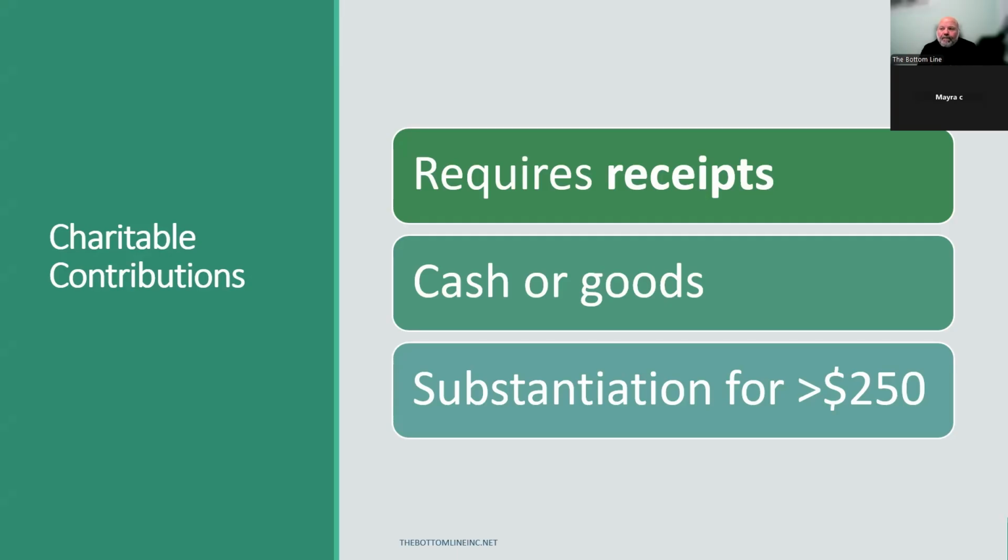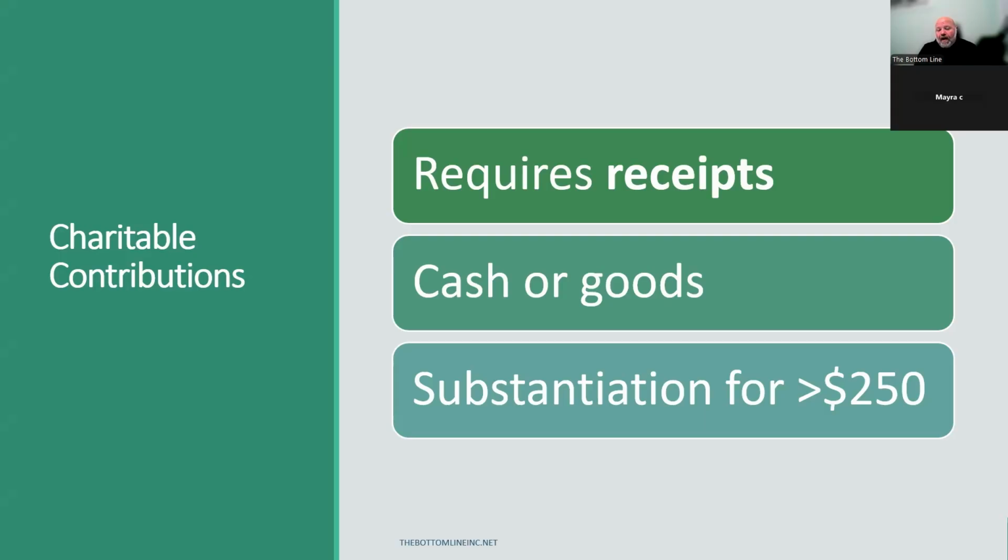Yes, not as many people give as they used to, but I think there's still a good portion of our tax clients that do give some money, and it doesn't depend on income. I've had another client, a couple, who both earned over $150,000 each, so they had $300,000 in their home.